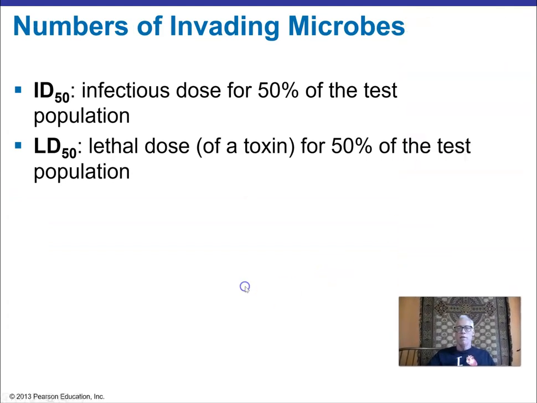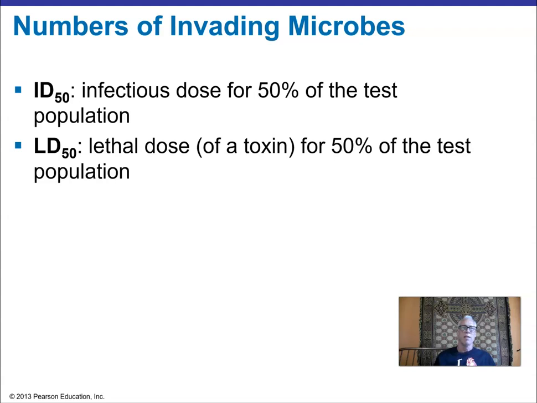Some terminology of interest. These are terms that are used to quantify the severity of the infections caused by various organisms. So the ID50 is the amount or dose of the microorganism needed to cause disease in 50% of the population.